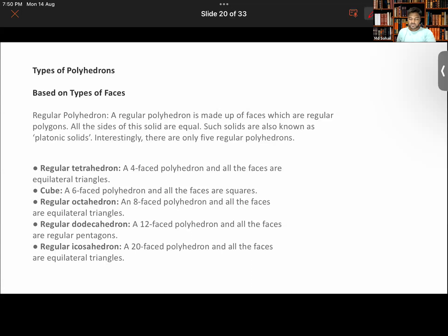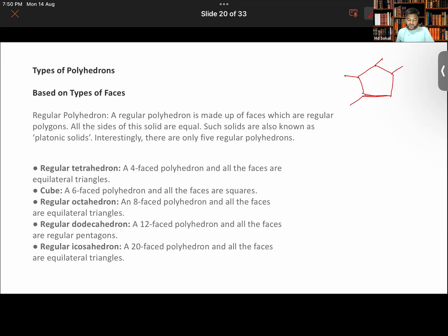Still, if you see the faces of a football, that will give you a similar picture. They are somewhat like this, and all of them are joined together. Like 12 pentagons.